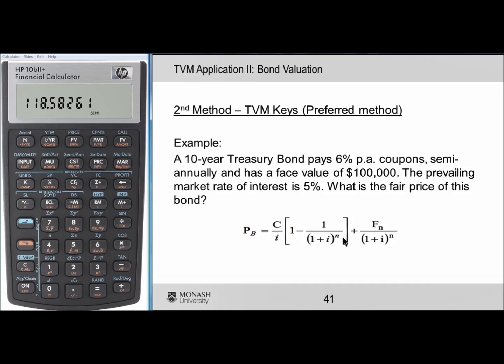Third variable is the number of periods. It is 10 years times 2 because we have 2 semi-annuals in a year, so it becomes 20 semi-annual periods. And the last variable is the face value, which is just $100,000.